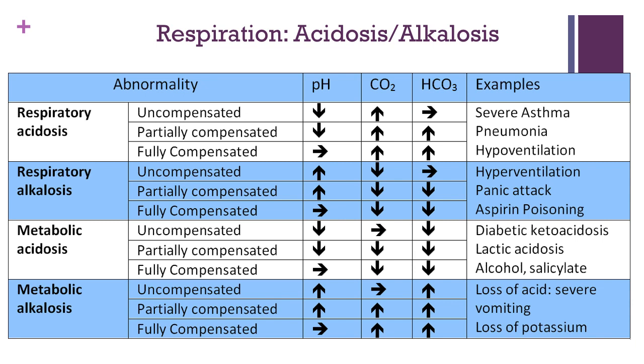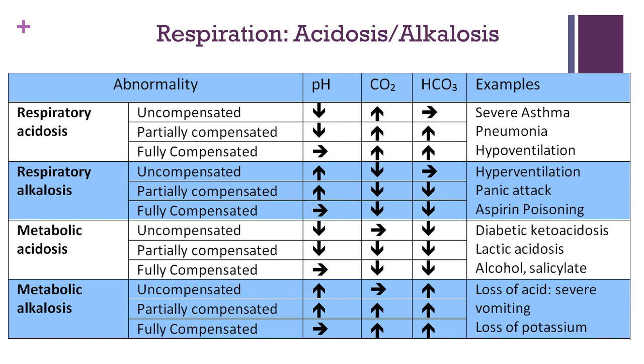So when somebody is uncompensated with respiratory acidosis, their pH will go down because their carbon dioxide has gone up, and their bicarbonate will not have changed because they haven't done anything about it. When they start to partially compensate, the same situation is happening. We have a rise in carbon dioxide in the blood, resulting in a decrease in pH, so they're still going to be acidotic.